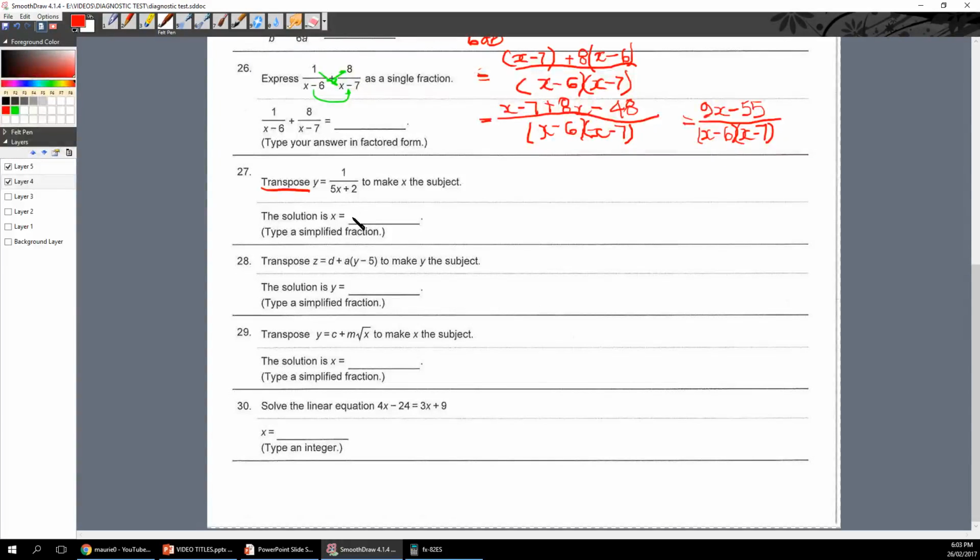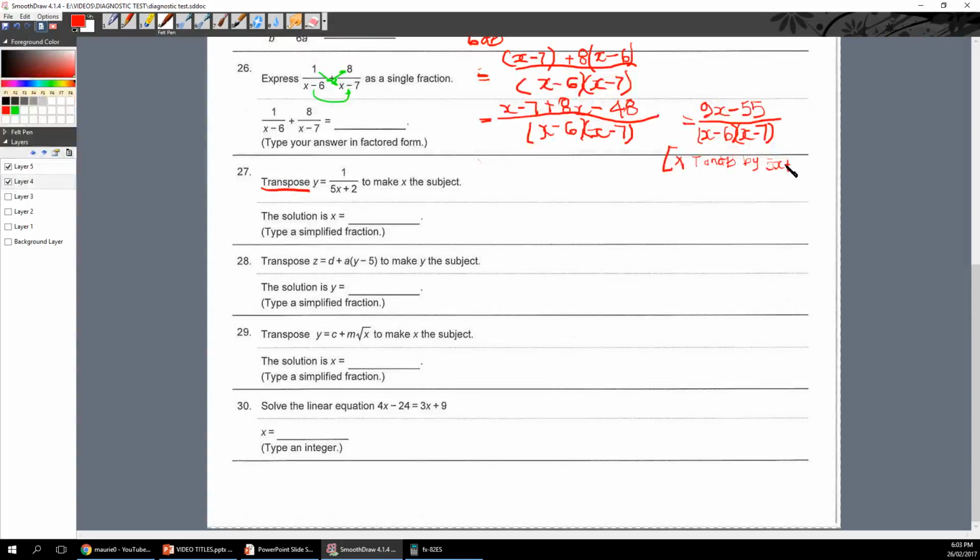Okay, so get rid of the fraction. Now, there are some rules around this that you should know, but the way to get rid of the fraction is to multiply by 5x plus 2. I'm just going to put it here, times top and bottom by 5x plus 2.